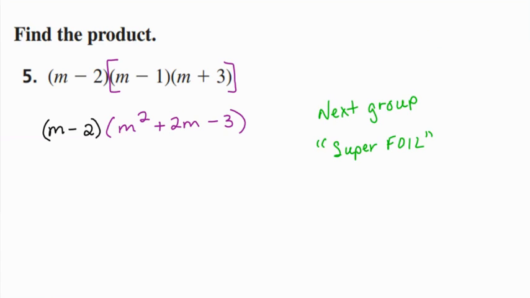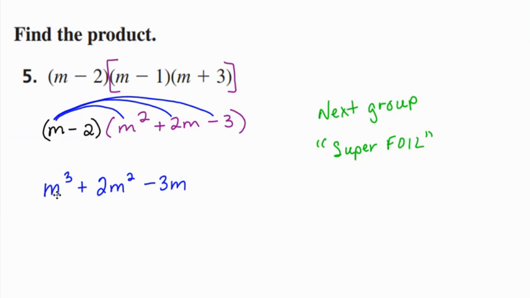And then the next group, I'm going to show you another method instead of using a box. I like to call this method the superfoil method. I'm going to take m and multiply, multiply, multiply. And that gives us m cubed plus 2m squared minus 3m.